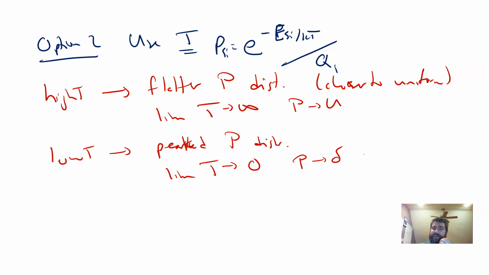This gives us a strategy. Remember, in our design problem, what did we really want? We kind of want this delta function. We want to have a single best choice for each position. This would give us exactly that. What are we starting with?